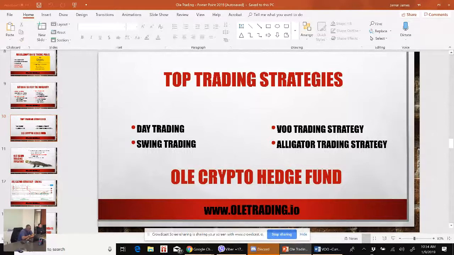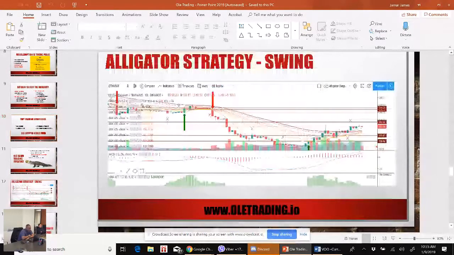The alligator trading strategy uses moving averages over a period of time, and it's really defined for swing trading. So going through, this is what the alligator looks like. We'll start with the swing because we can apply the VOO to both day trading and swing trading, and it's based on volume.